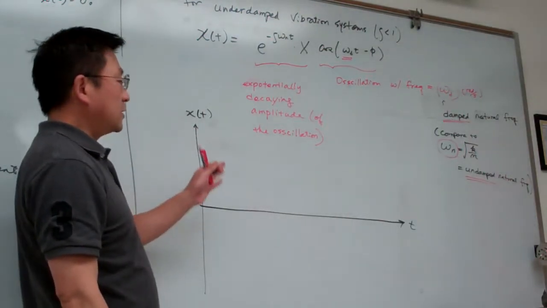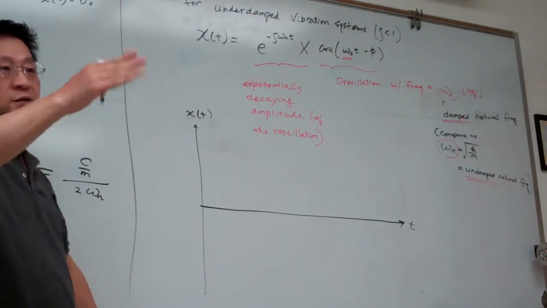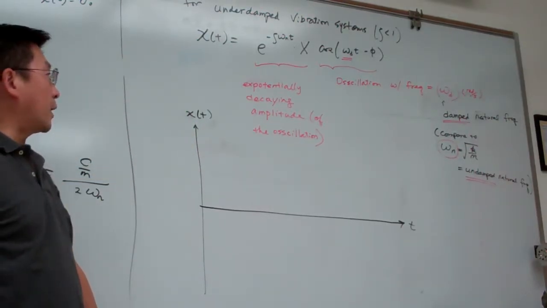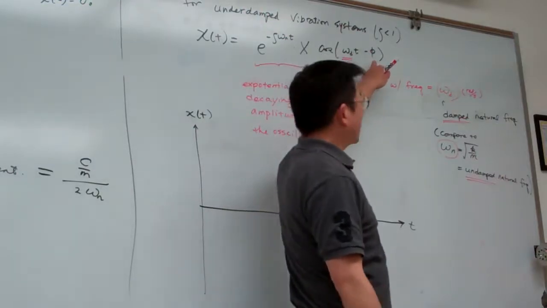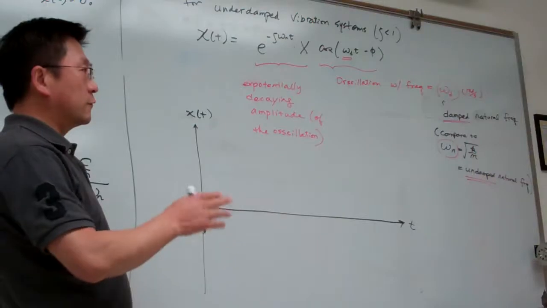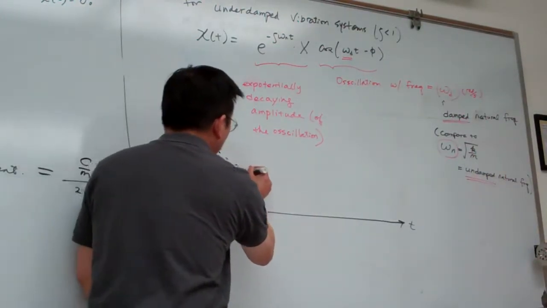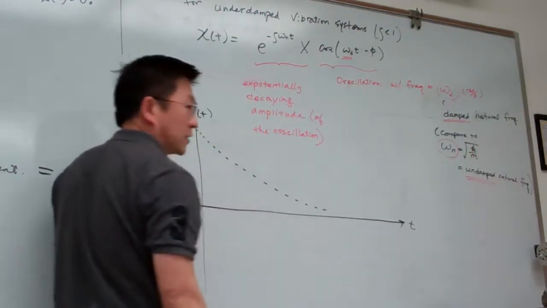So I'm going to plot the oscillation, and we know the oscillation is a cosine with a certain frequency and with phi, the phase angle. Also, this oscillation is confined within the amplitude, and the amplitude follows this kind of exponential decay.